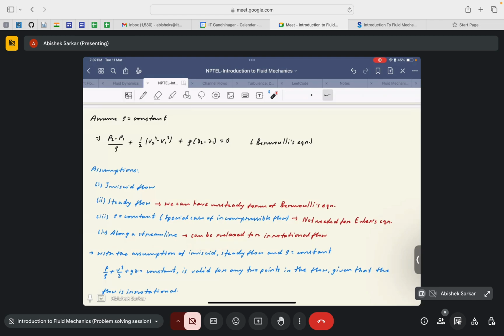Usually if I say that I am applying the Bernoulli's equation along a particular streamline, say points 1 and 2 which are along the same streamline, but I can now consider these 2 points to be at any 2 positions in the flow domain, given that all the 3 assumptions are satisfied plus the flow is irrotational. I hope this is clear, because it is a very crucial fact that one needs to know.